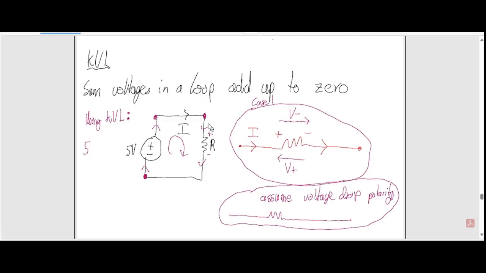Normally the current flows from high to low potential, so you know for sure it's like this. It can't be anywhere else. That's why I said memorize this form. Anytime the current flows through a resistor, the plus side is on this side and the minus side is on this side. So going from plus to minus, will the voltage be positive or negative?